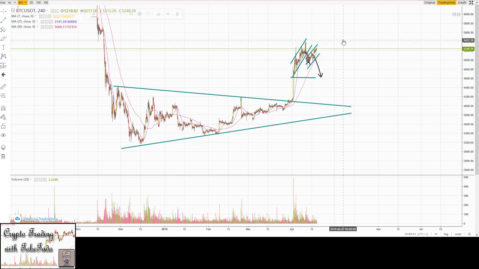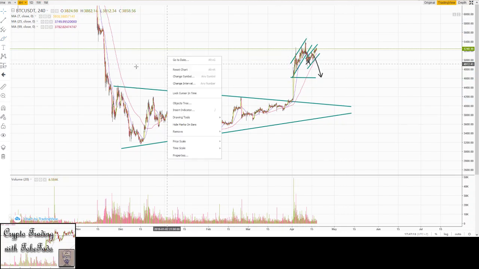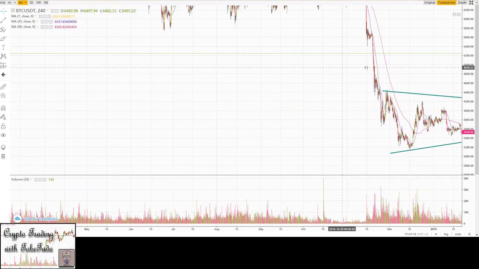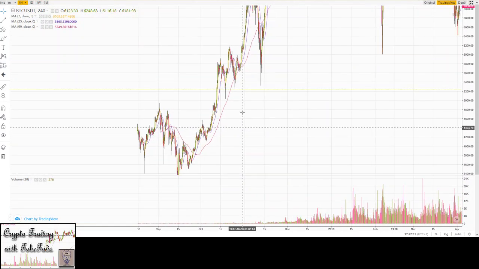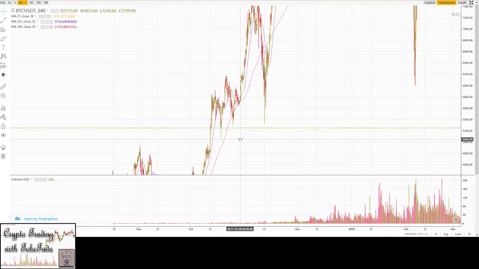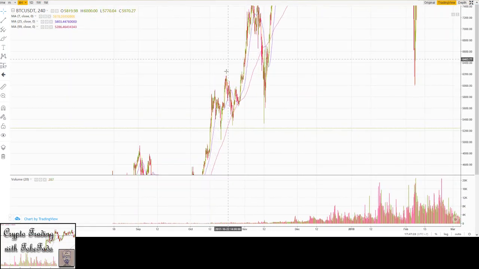And for today's topic, I wanted to talk about these movements and what I'd call action and reaction. And I think it's fairly obvious. If you look at the charts here, you can see the green movement, the upward movement, as the action, and the price going downward would be the reaction.